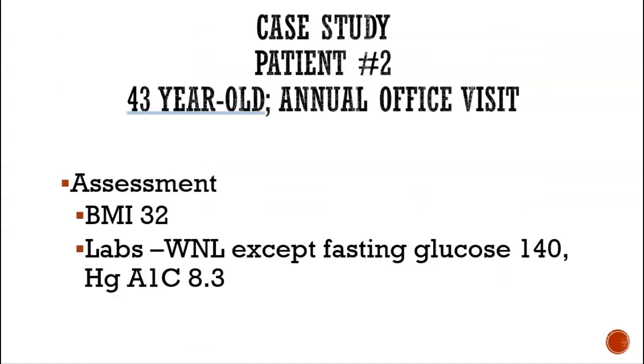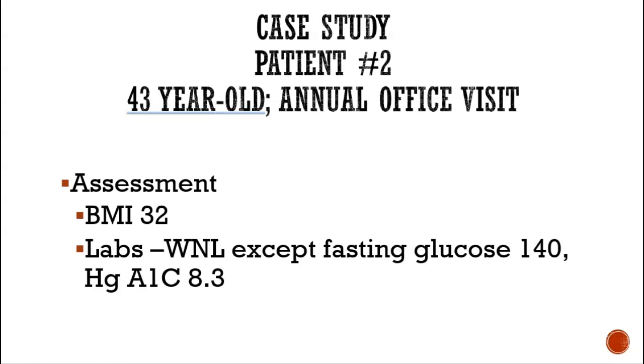We're going to move on to our next case study. This is our patient number 2, who's a 43-year-old at the doctor's for their annual office visit, and it's determined that the BMI is 32, and labs are normal except for the fasting glucose is 140, and the hemoglobin A1C is 8.3.